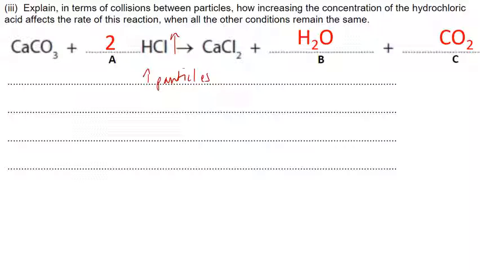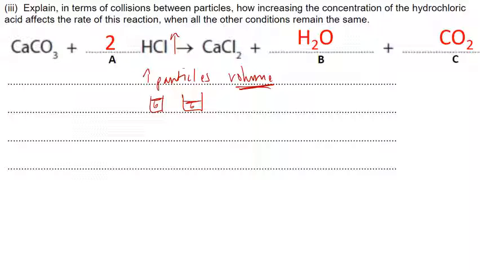You have to say there's going to be more particles in a given volume. You have to mention volume, because you could have the same number of particles, say 6 particles in each, but if you have a higher volume in one, then you're going to have different concentrations.